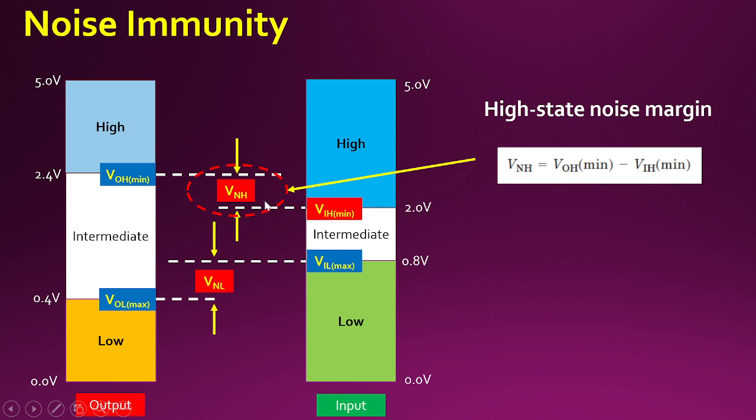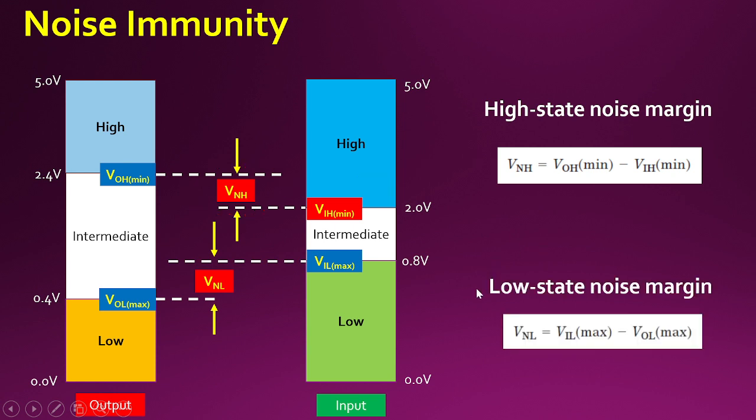So there has been a margin provided under worst case situation, where again we are establishing a compatibility between TTL and TTL with a noise margin of 0.4. Similarly, if we consider the low state, here again you can see when the output is low, the worst case voltage is 0.4.